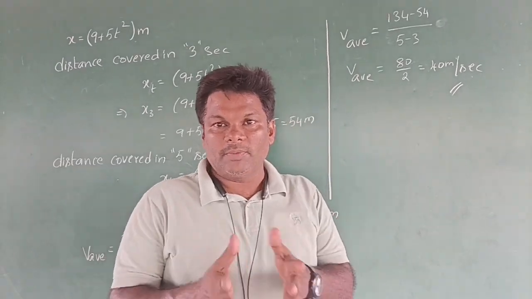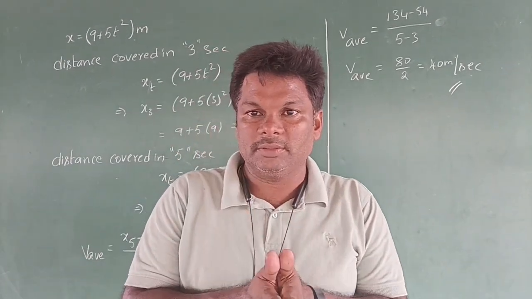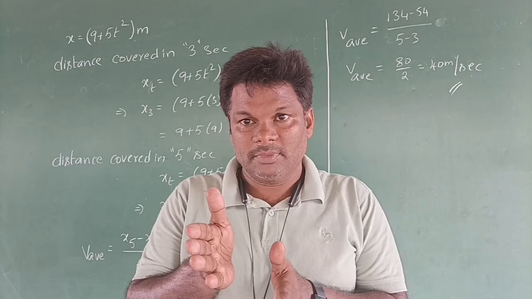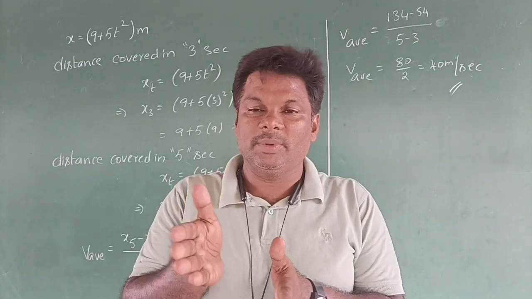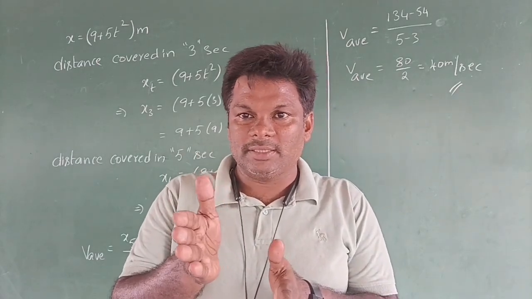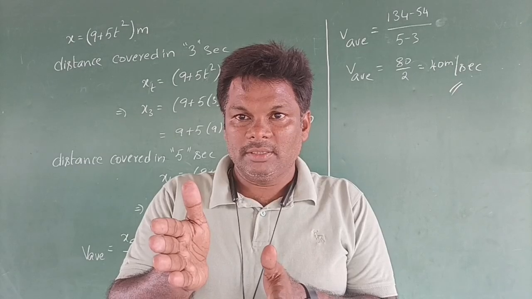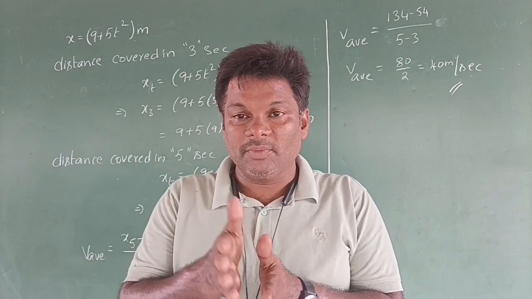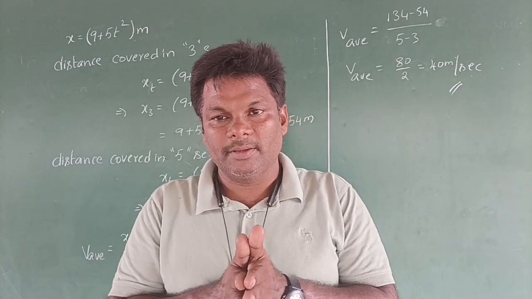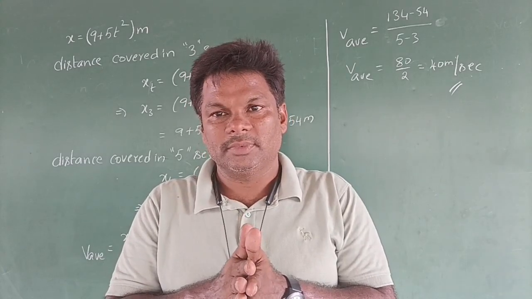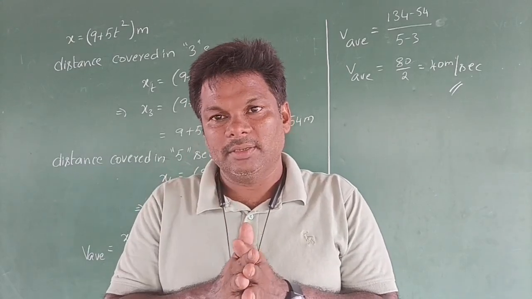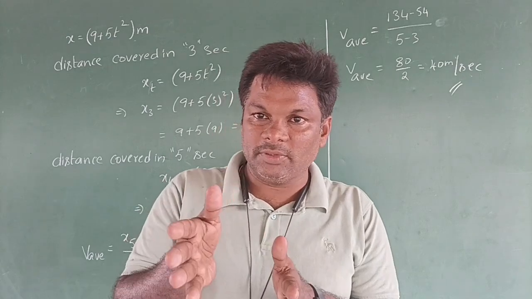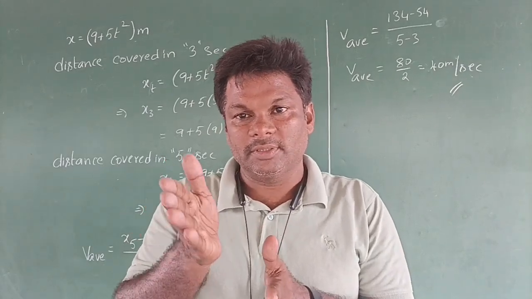So what did we do here? In the given equation we substituted the seconds. How many seconds are given, 3 seconds or 5 seconds? In that equation we substitute 3 seconds instead of t, or we substitute 5 seconds instead of t.